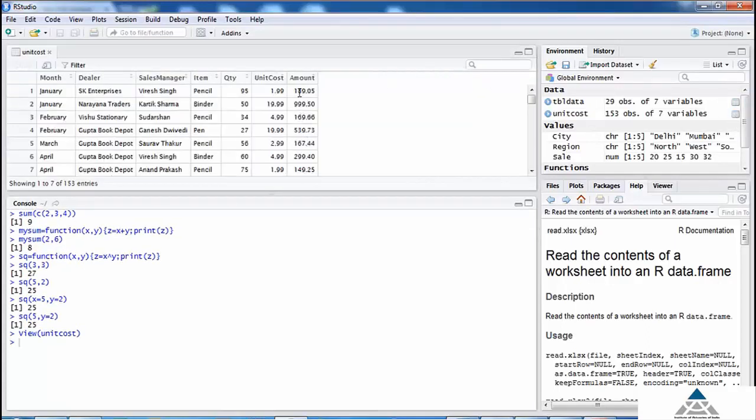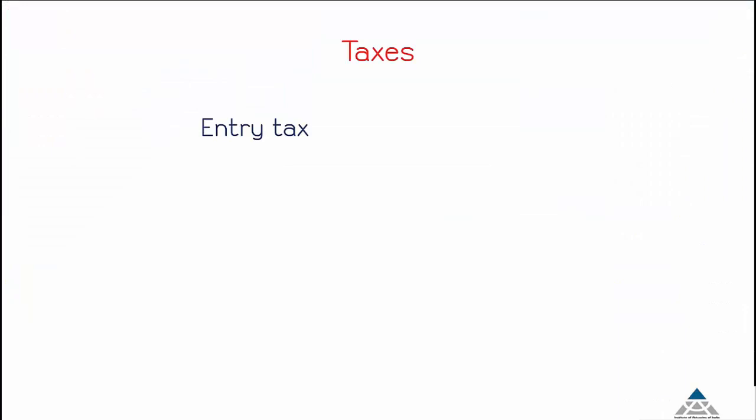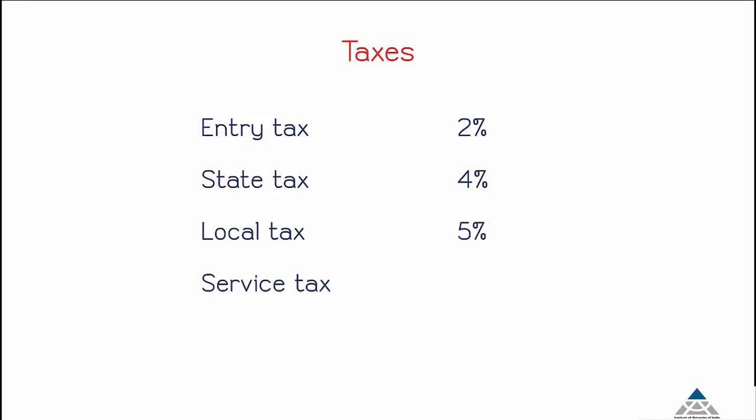The final amount column represents the amount payable for the given quantity of goods. In the real world, this will not be the final price of these goods to the end user. This amount will be subject to several kinds of taxes. These can be entry tax, say 2%, state tax as 4%, local tax at 5%, service tax of 10%, and possibly many other taxes at 4% as well.